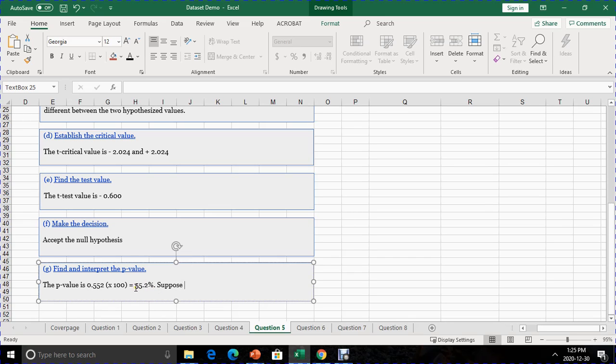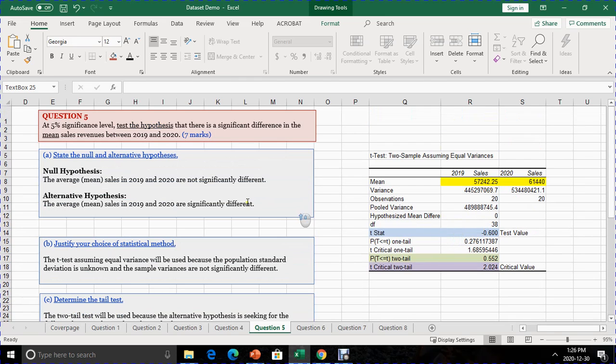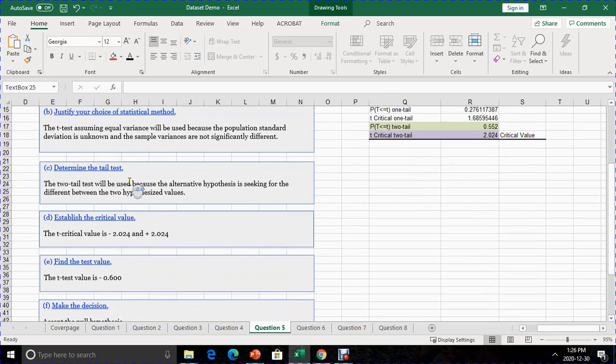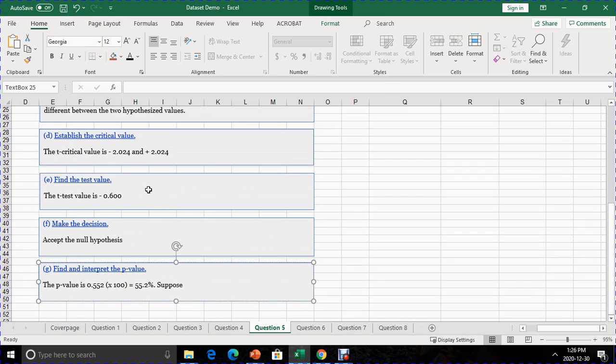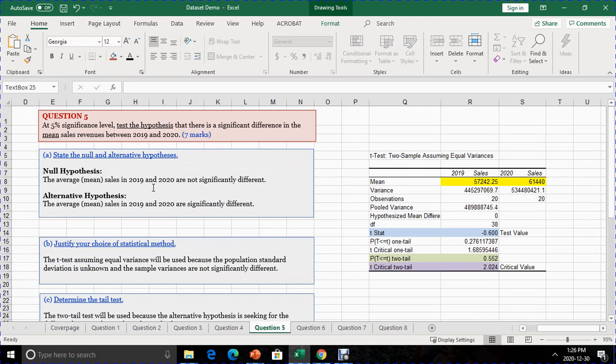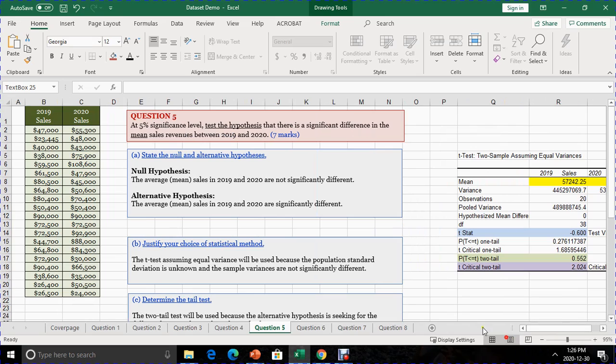And this error rate is too huge and exceeds 5%, and that explains why we should not reject the null and that we need to accept the null hypothesis, because our p-value is greater than our significance value. Our decision will be to confirm our decision to accept the null hypothesis. And this is basically the steps involved in conducting a hypothesis test comparing the average of two data sets.